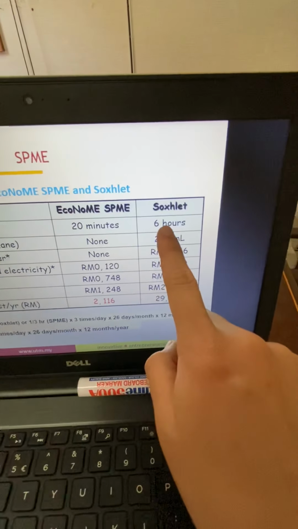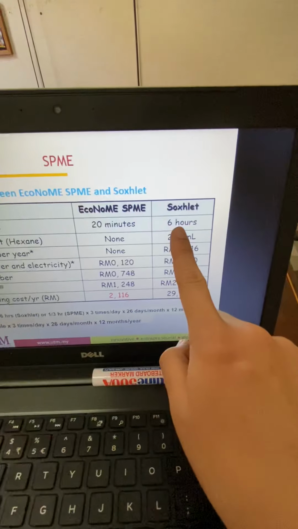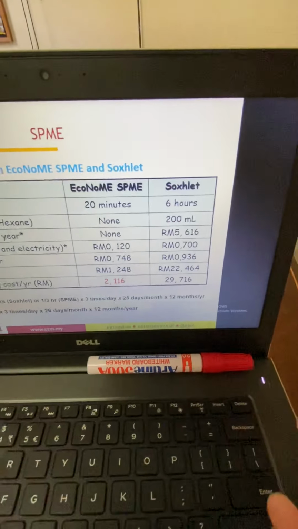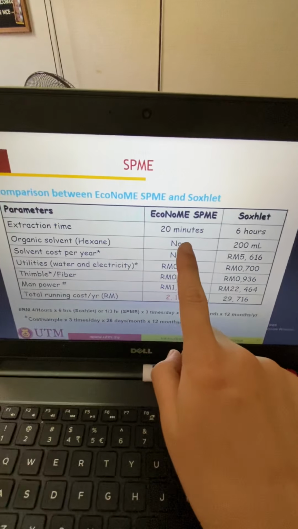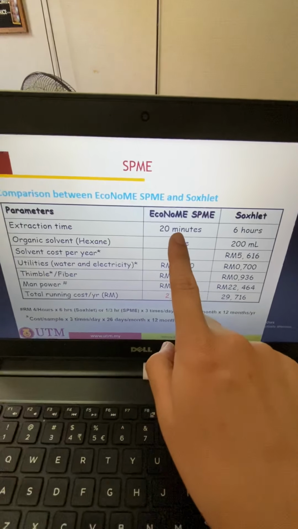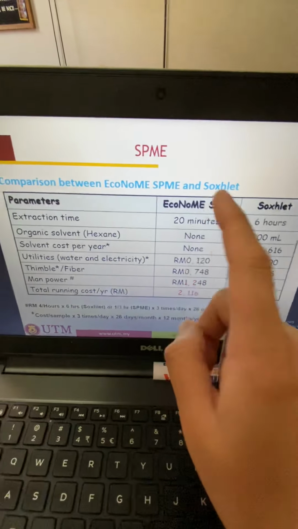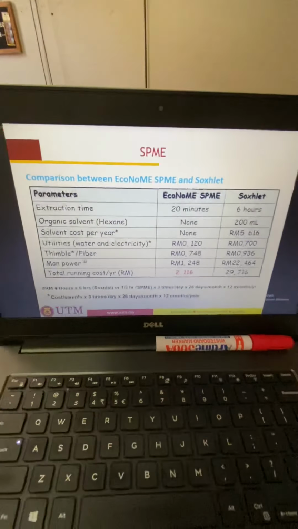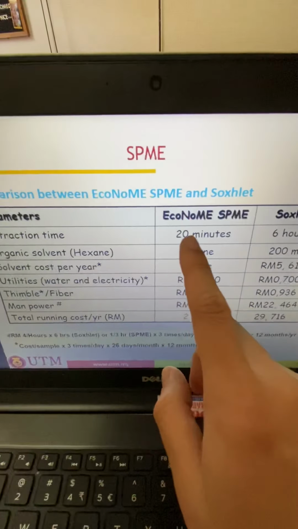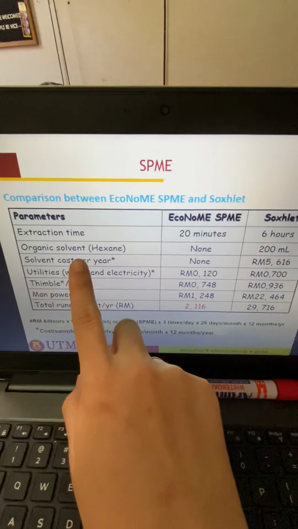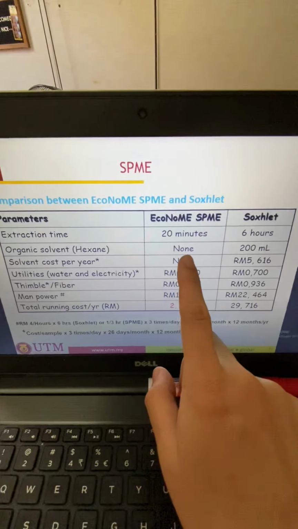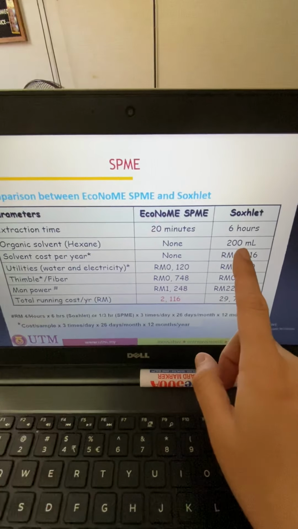This is the shortest solvent extraction that we can do, but usually it will go up to 16 hours and so on. Extraction time for SPME, you can see it's only 20 minutes, but we did have something like 10 minutes over here, depending on the analyte. And organic solvent is none, while solvent extraction is 200 ml.